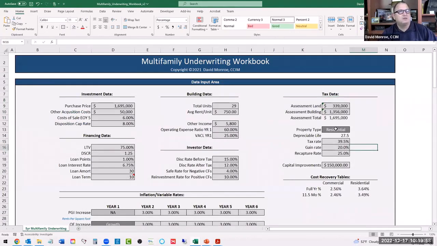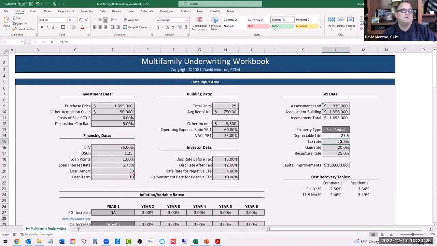So it's a residential property. If I was to change that to commercial, it changes it to 39 years. So residential, it's at 27 and a half years. Tax rate is your ordinary income tax rate. Then there's capital gain and recapture. So gain and recapture really are based off of your normal income.